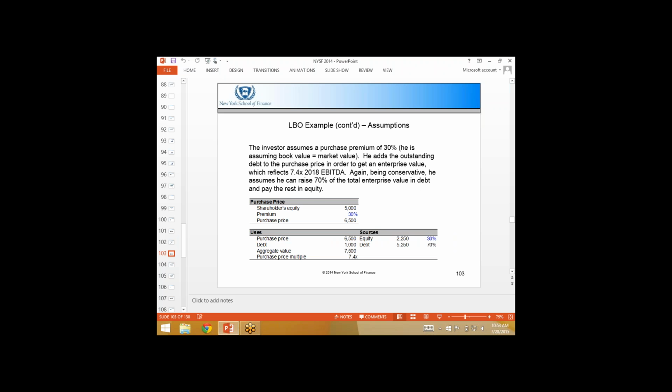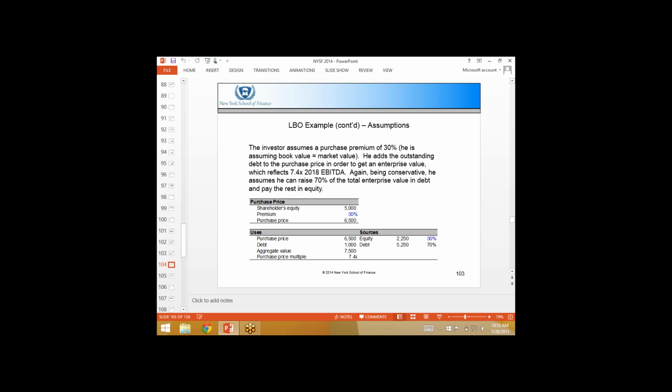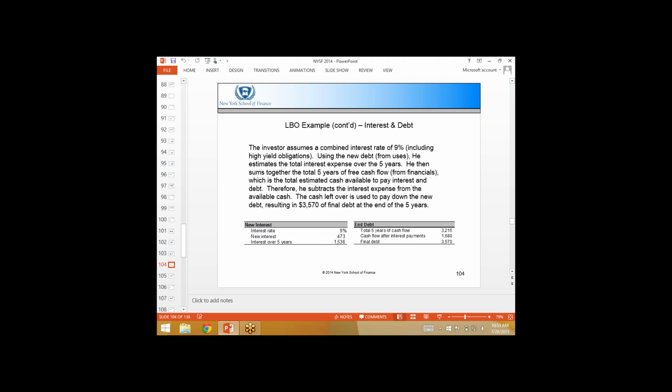How do I know how much cash I've generated? I add year 1 plus year 2, year 3, year 4, year 5 cash. That's how much cash I've generated. That comes to 3215. Sum of the unlevered free cash flow is 3215. So I use that to pay the interest and pay the beginning debt, to pay down as much as I can.